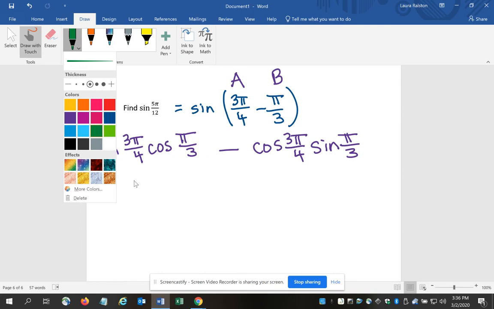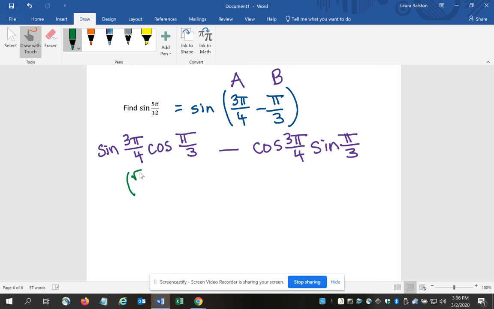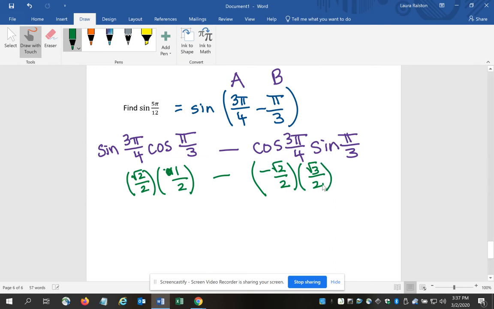The cosine of pi 3rds is 1/2, minus the cosine of 3 pi 4ths, which is negative square root 2 over 2. And the sine of pi 3rds is square root 3 over 2.